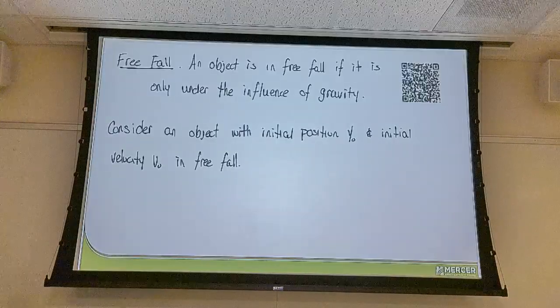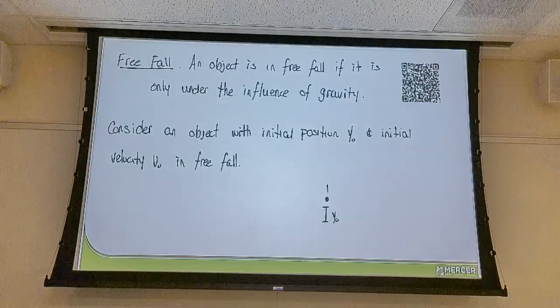So we're just going to take an object. It's given an initial velocity v naught at an initial position y naught. We're considering it is in free fall. If some object with initial height y naught is given some kind of initial velocity, this will be in free fall.